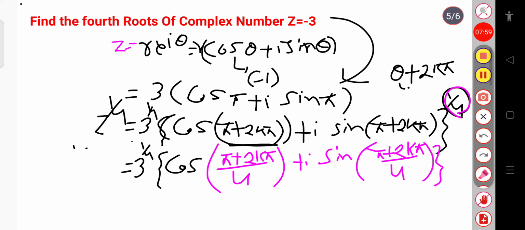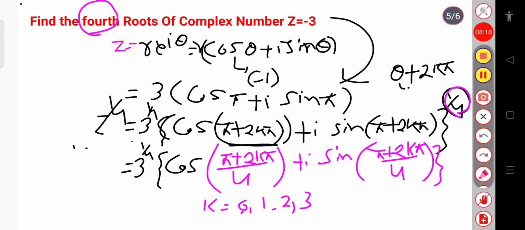Since in the question it has been asked to calculate the fourth root, you have to put the value of k equal to 0, 1, 2 and 3. So these are the fourth roots. When k equal to 0, you can calculate z power 1 by 4.